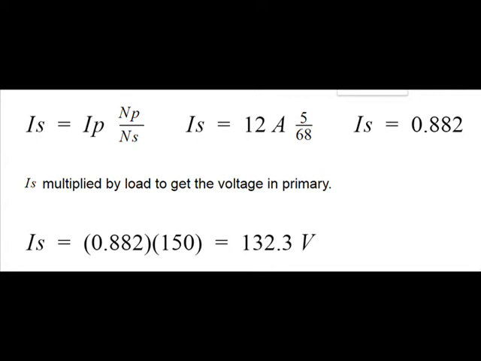A load of 150 ohms connected to the primary is used. The current in the primary is 12 amperes and our turns relationship is 5/68.